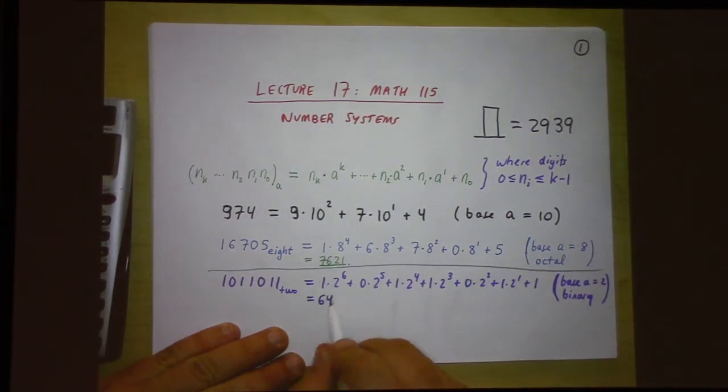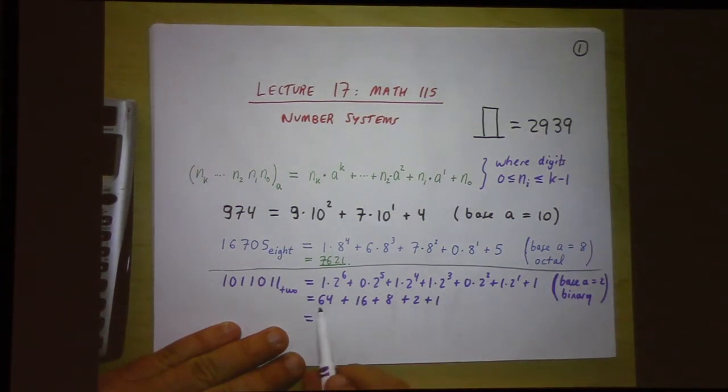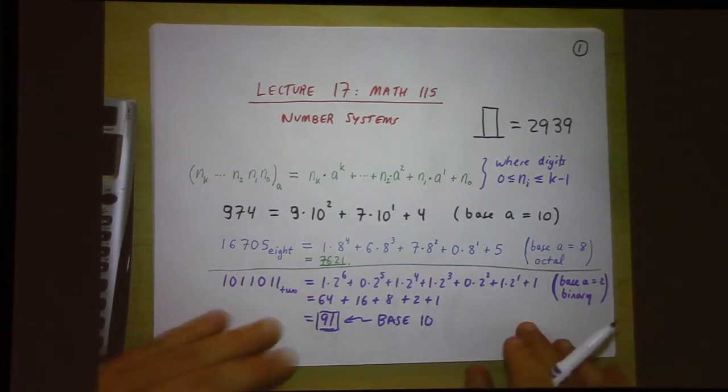So you got 64 plus 0 plus 16 plus 8 plus 2 plus 1. That is equal to 80, 88, 90, 91. So this, of course, is the base 10 representation of that binary number.